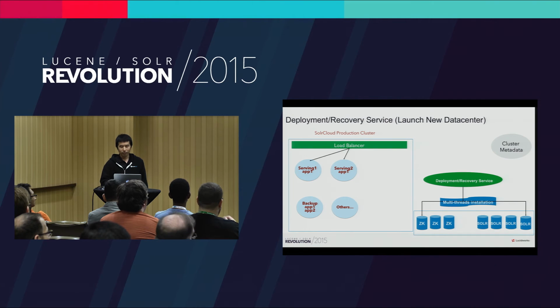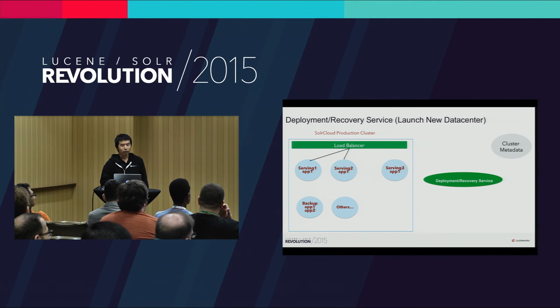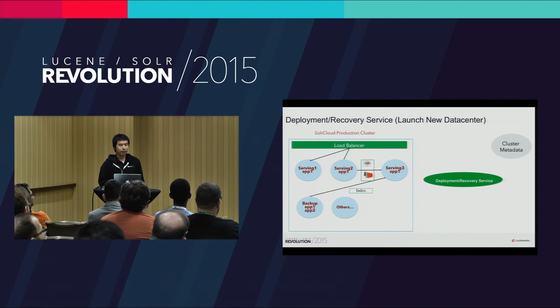That's just a bare installation. After that, the deployment service will figure out where to get the index and configs. In this diagram, it copies the index from the backup data center and the config files from the other serving data center, because they serve the same application.